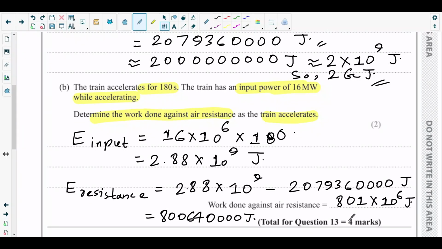Fine. So the total work done against resistance is 801 megajoule, or 801 times 10 to the power 6 joule. That's it. So that's all about question number 13 from the May 2023 Physics Unit 1 paper.